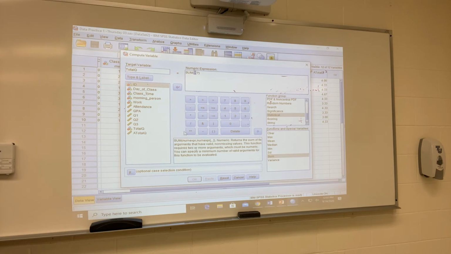Then click Q1, and type TO. Make sure you have a space, and then click Q3. Got it? And get rid of the question mark and comma, and say okay.